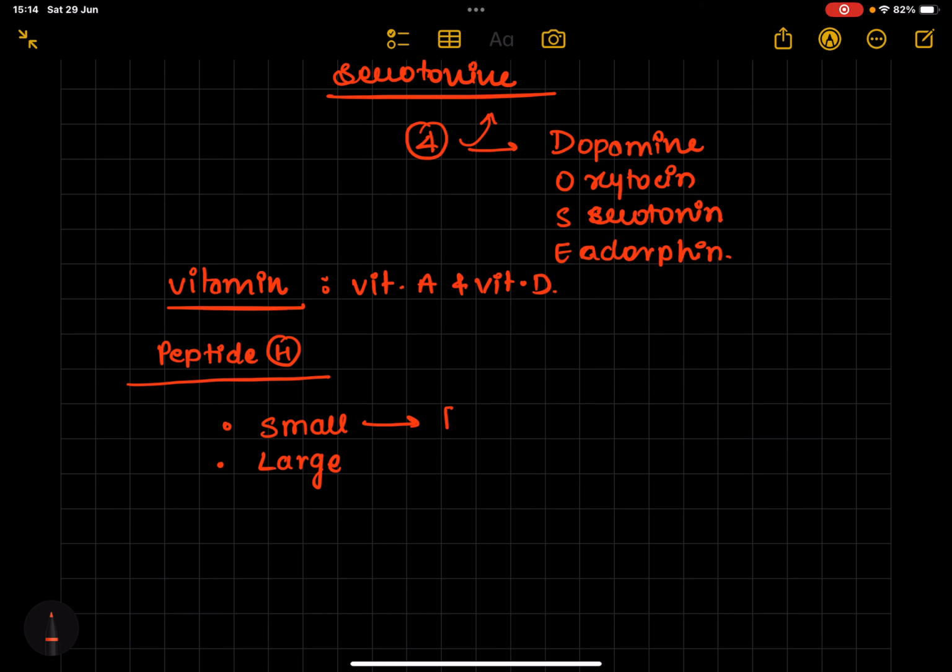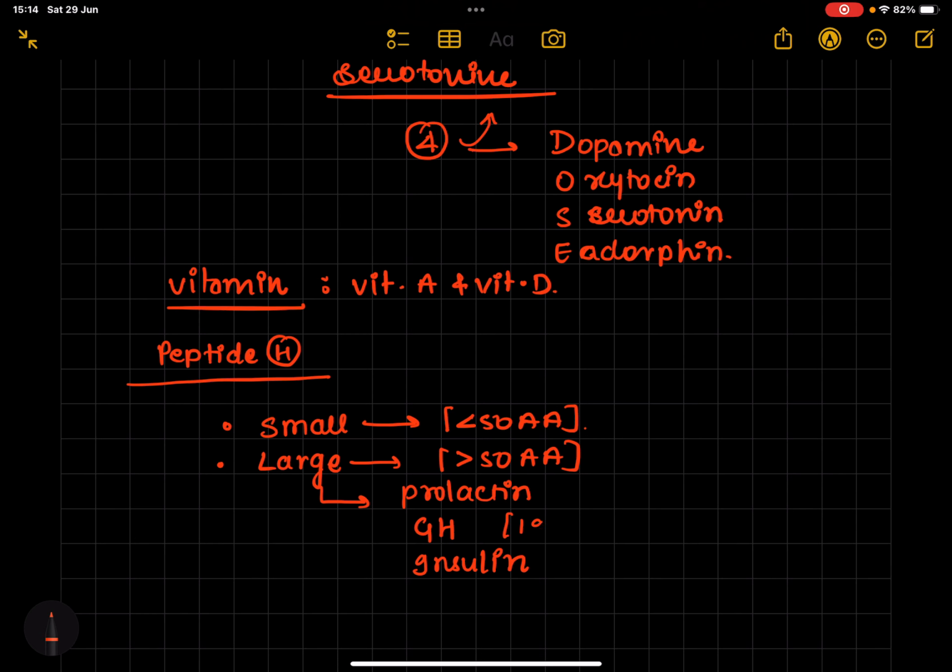Small peptides means less than 50 amino acids, and large peptides means more than 50 amino acids. So in large peptides we have to remember three names, that is prolactin, growth hormone, and insulin.